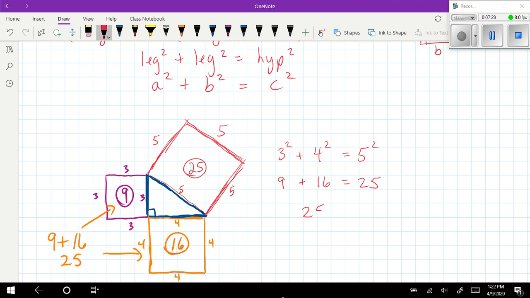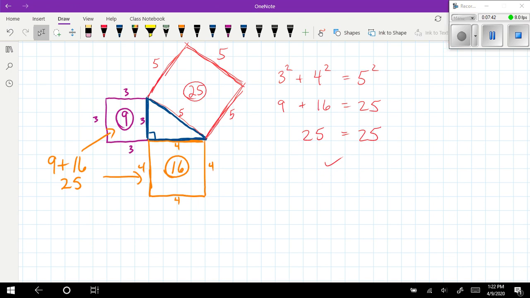It is true that 25 is equal to 25, and we have just verified the Pythagorean theorem for this 3, 4, 5 triangle. Alrighty? Well, if you can find 3 integers that verify the Pythagorean theorem, then you have what's called a Pythagorean triplet. So we have just learned about our first Pythagorean triplet.